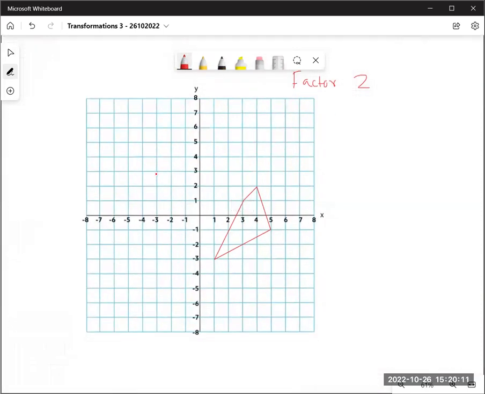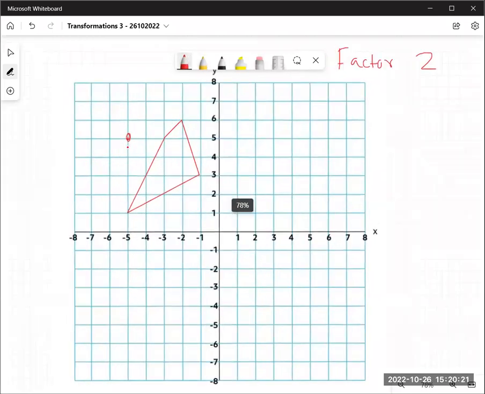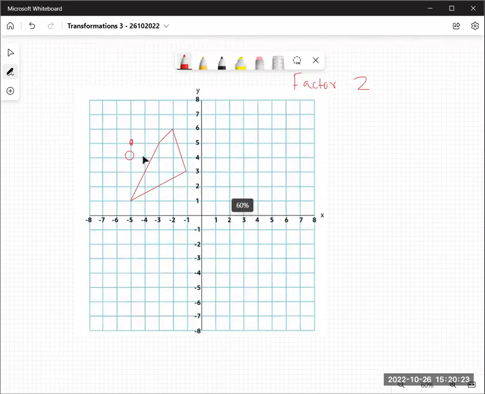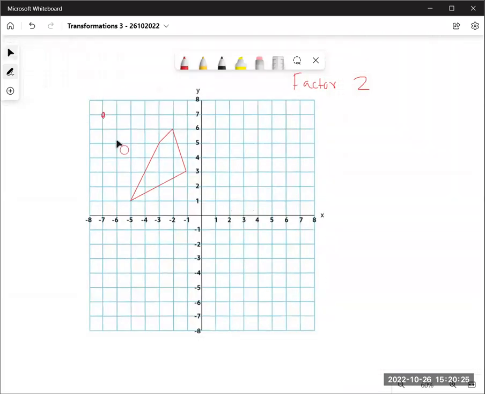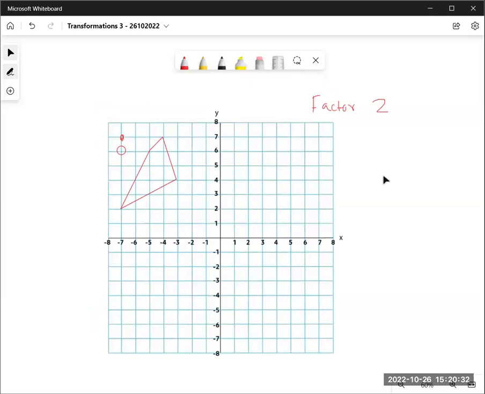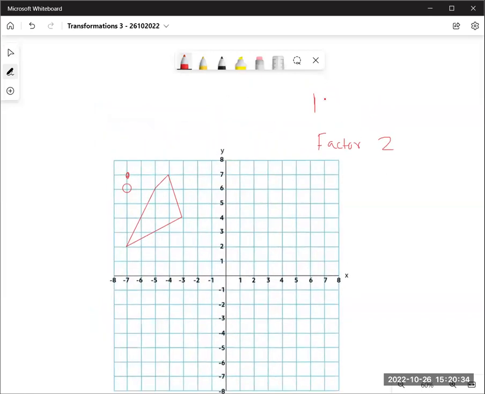And the center is right here. Tell me the answer quick. Let's keep it right here. So do you want positive or negative? I want positive. This one is positive.